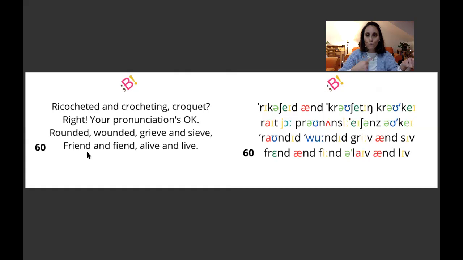Rounded, wounded, rounded, wounded, grief and sieve. The W of wounded is not one, it's wounded. So it's like a V sound. So rounded, wounded, grief and sieve.